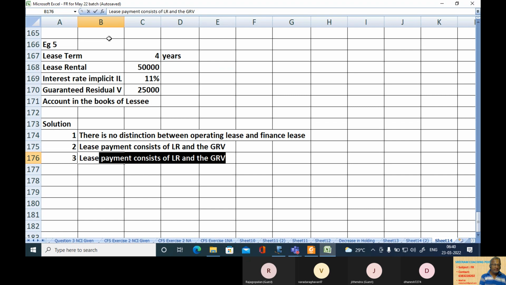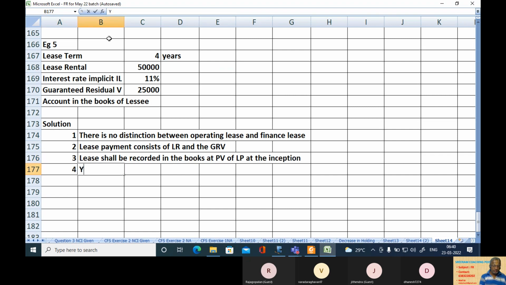These shall be recorded in the books at present value of LP at the inception.